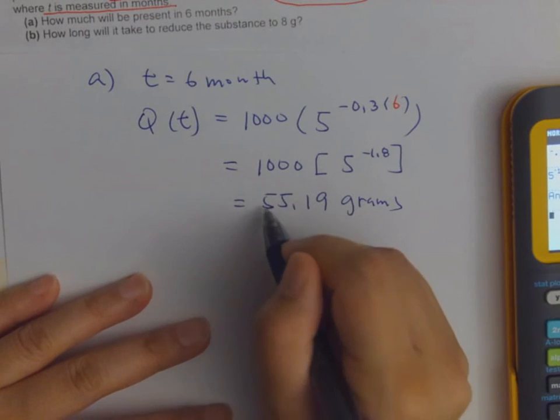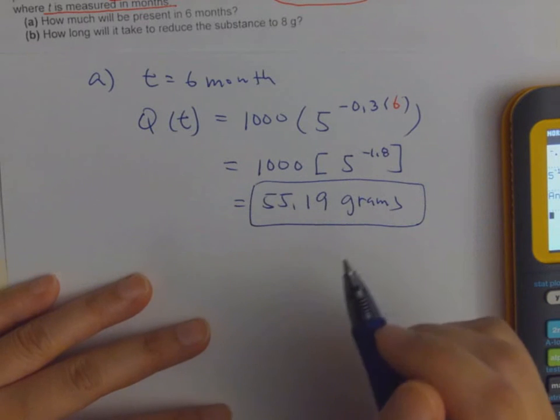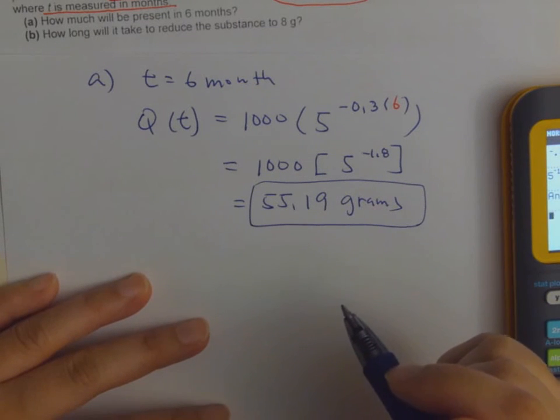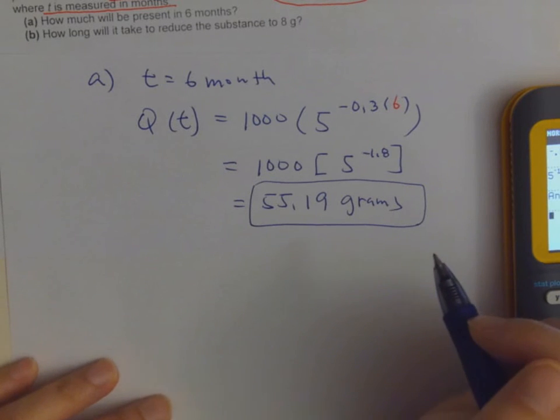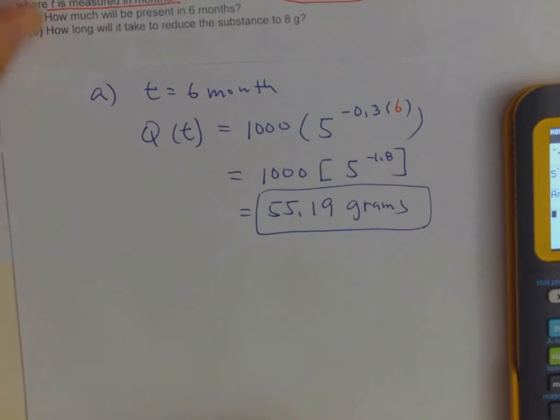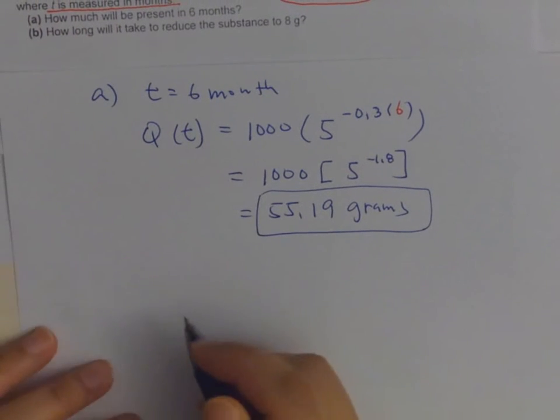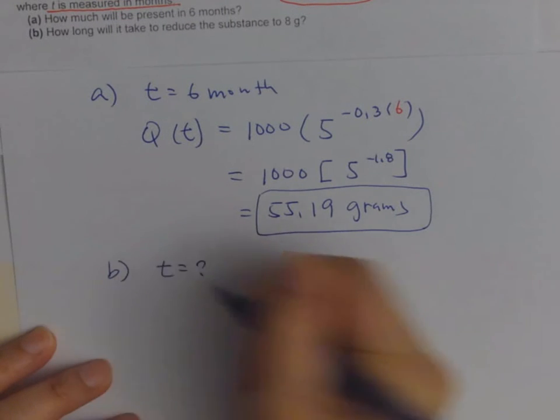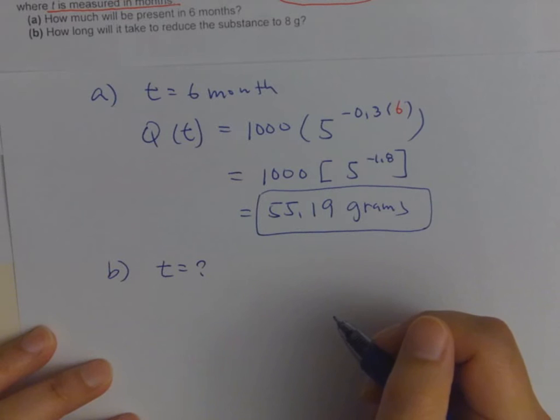So read the question carefully. Sometimes the question may ask you to round to a whole number, but this one I'm going to round to 2 decimal places. Okay, B is a little bit harder. B asks you how long will it take, so they want to know the time: how many months will it take to reduce the substance to 8 grams.